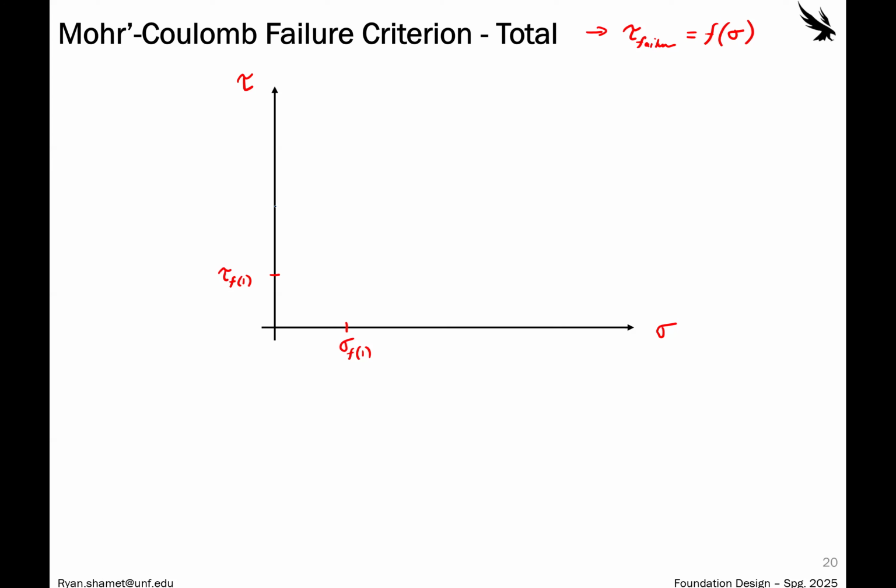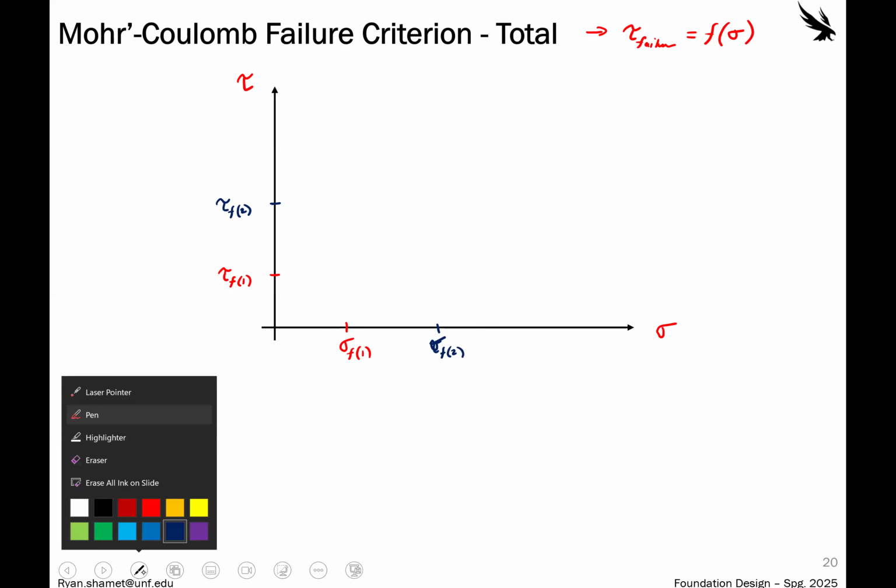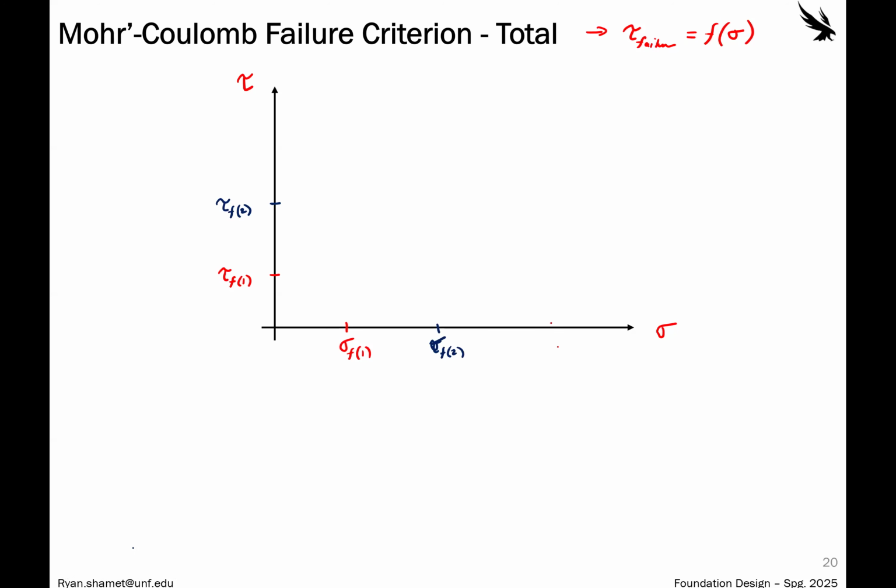And then let's say we have an increase of shear stress. Oops, that's a sigma. So on and so forth here. As we increase our normal stress, or we increase those interlocking forces, then we will see an increase in our shear strength.